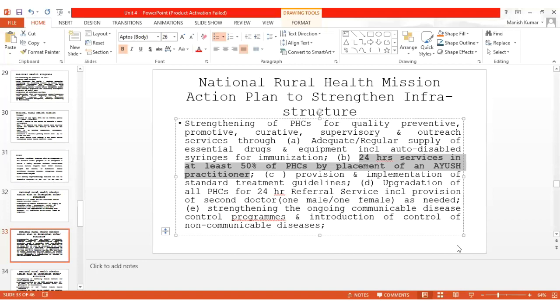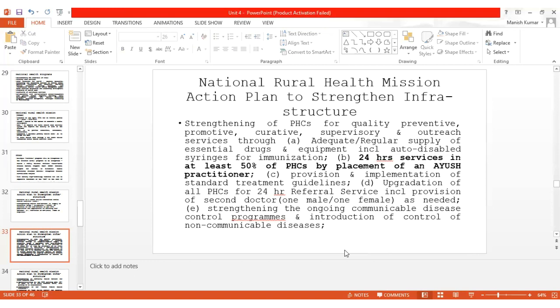In my experience, I have not seen any of the larger states having rollout of AYUSH doctors at PHC. You people said that in your state you are having provision and implementation of standard treatment guidelines, upgradation of all PHCs for 24-hour referral system, including provisioning of a second doctor.